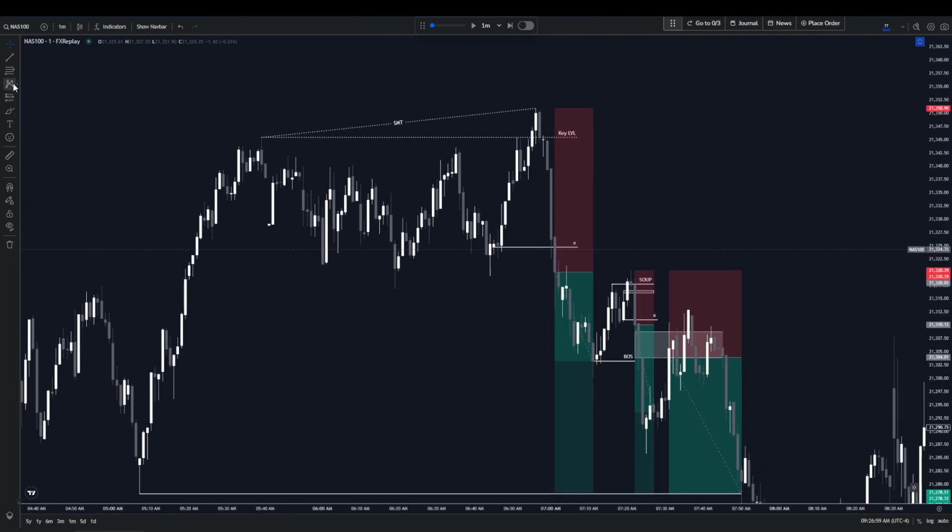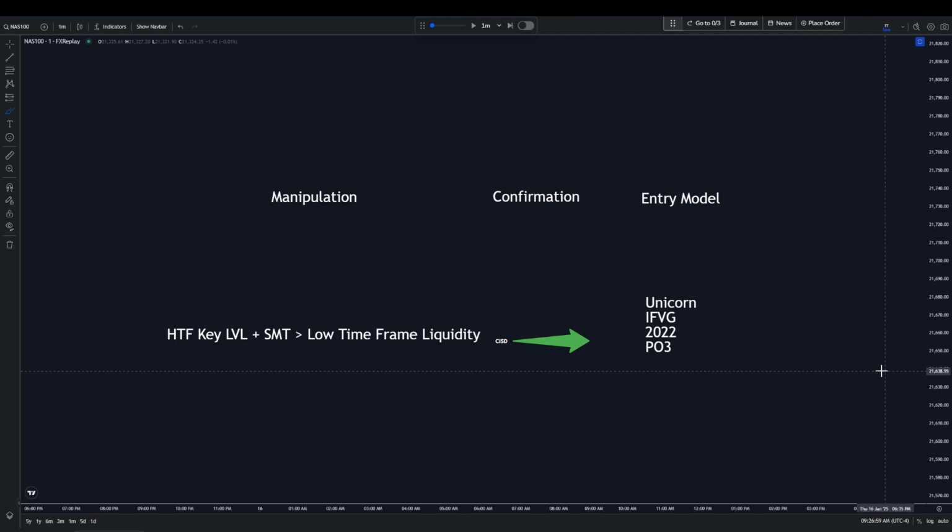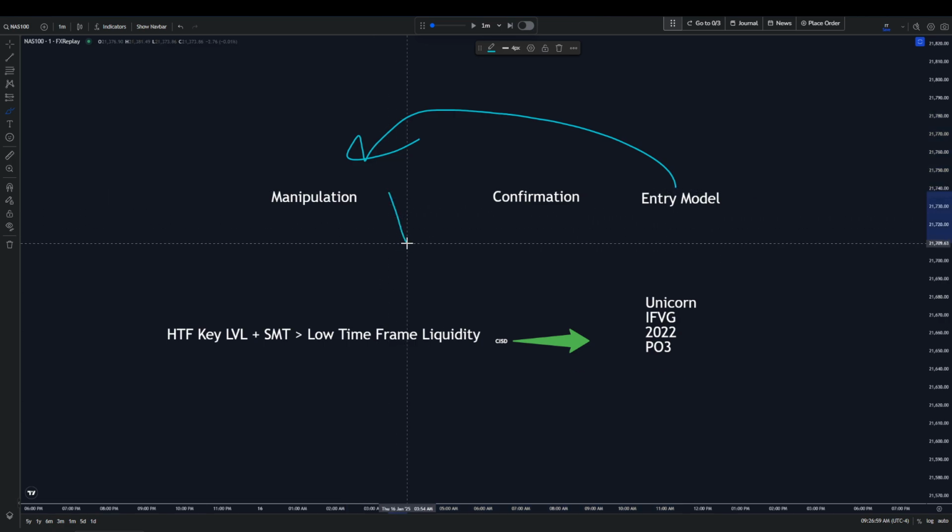Okay, so you're not just going to be taking some phony internal liquidity sweeps preceding this entry model, because that is not a manipulative move before your entry model. Okay, you're not just going to be blindly trading IFVGs or unicorn models anymore. You're going to be following it in the direction, either bullish or bearish, and I said that inversely, of your manipulation.